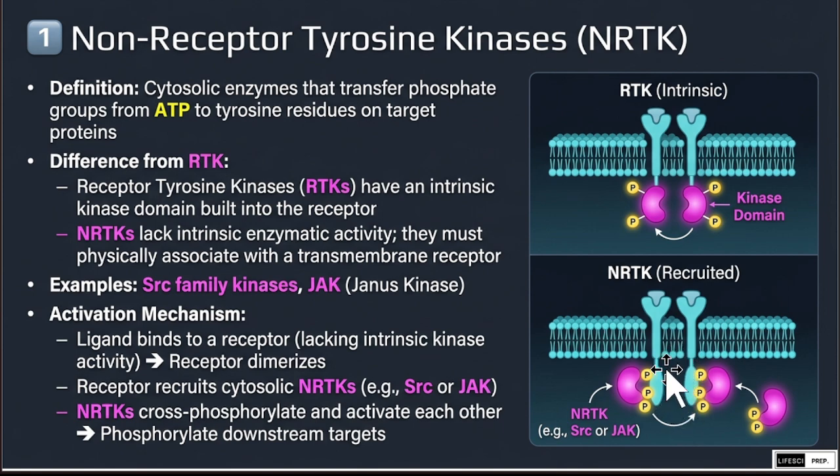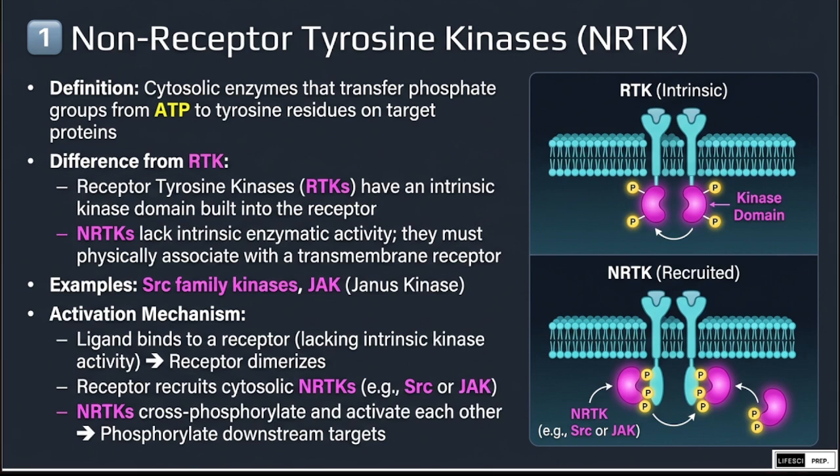This normally transfers the phosphate group from the receptor and C-terminal to the tyrosine residue of the target protein. In RTK, it has an intrinsic enzymatic kinase domain bound in the receptor that receives the phosphate group and activates further.